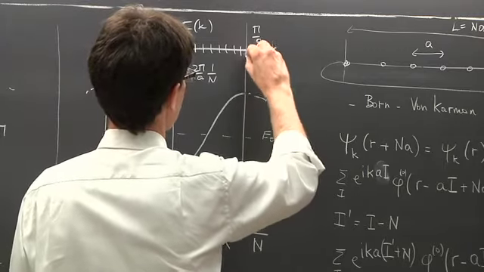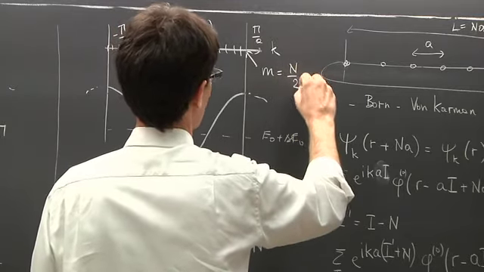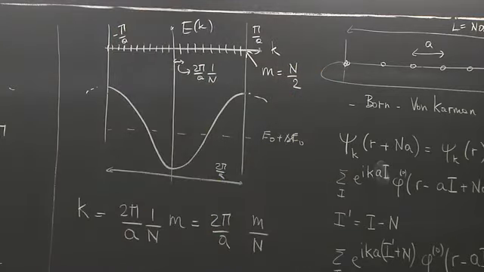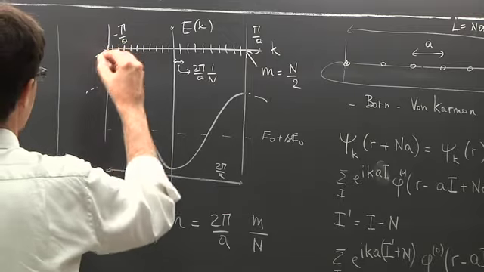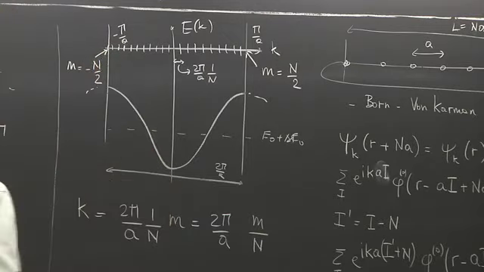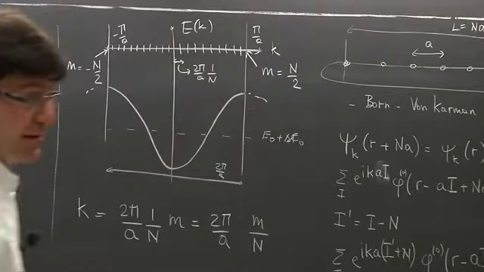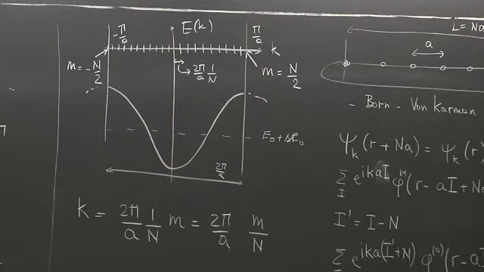This point here will be m equals capital N over 2. I'm assuming that N is even; N is large, but I can make it even. Similarly, this point here will be m equals minus N over 2. So in total, I will have capital N slices in this segment.